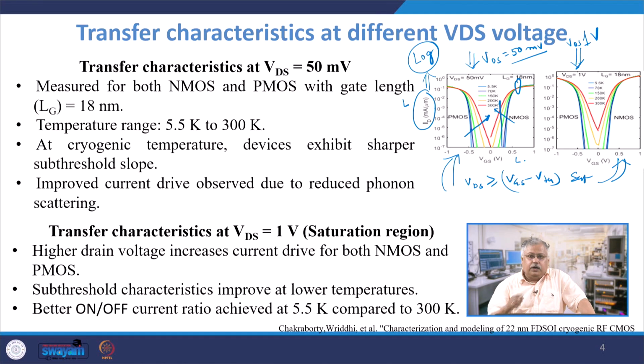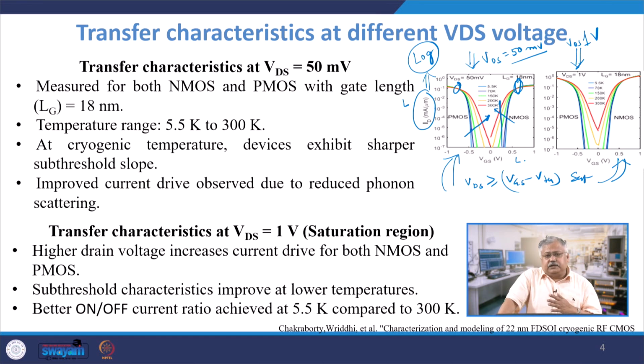There is a swapping of the currents, and the swapping is more prevalent in NMOS as compared to PMOS. If you compare the swapping here and here, you see it is more in the case of NMOS.